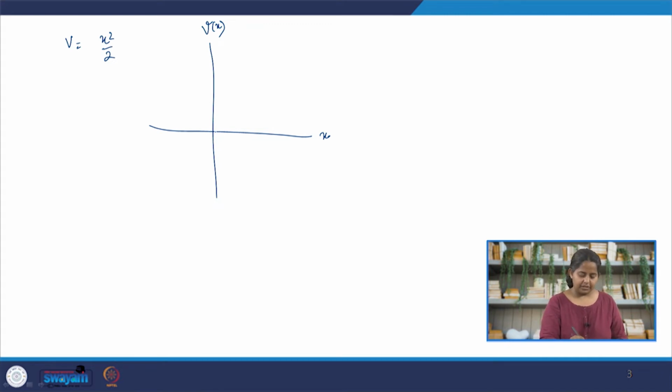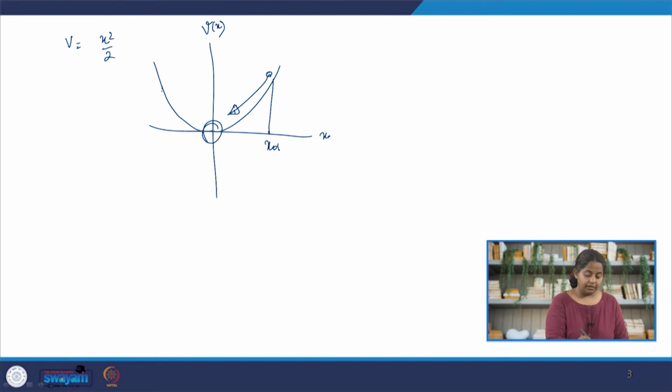When x is positive, x squared by 2 will increase like so. When x is negative, it will mirror it and increase like so. Now if you look at this graph, remember y-axis is not the rate at which x is changing with time. The y-axis is the potential. Things move towards lower potential. So if you are starting on the right hand side somewhere here, let's say x naught 1, your value of x here will move towards left hand side towards the global minima.